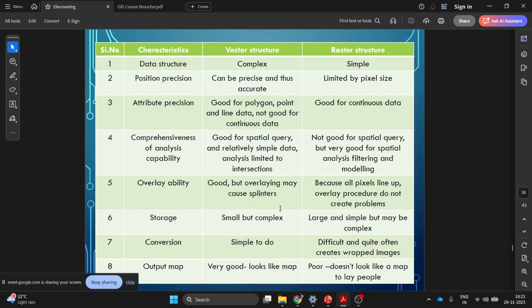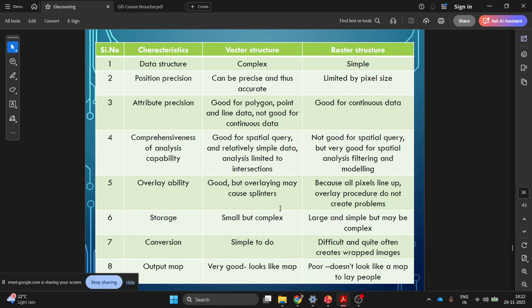For example, in GIS, if I have a vector file, I can get the area just by giving a command for the geometry of that particular thing, and it will give me the area, the perimeter, and the length of the arc. That is possible in a vector structure, but raster is not good for spatial query, though very good for spatial analysis, filtering, and modeling. So that is also one other application.